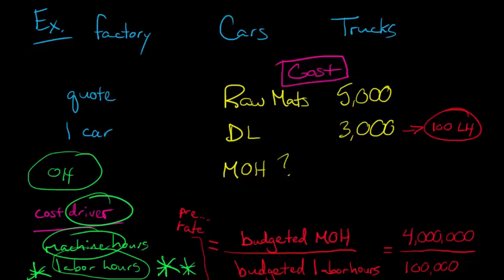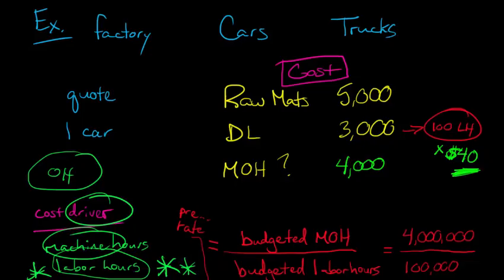So now, for this manufacturing overhead, we have to use our rate, which is the $40 that we just calculated, multiplied by the actual number of labor hours, right? So we take this $40, that's the rate, and now we just apply it, multiply it by the 100 labor hours, and that gives us $4,000.